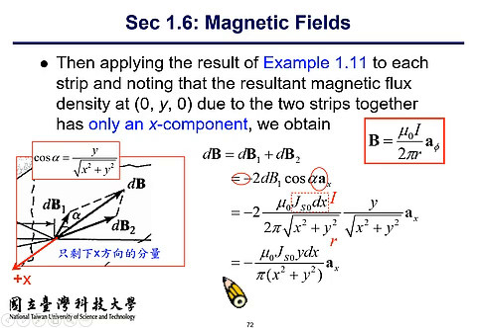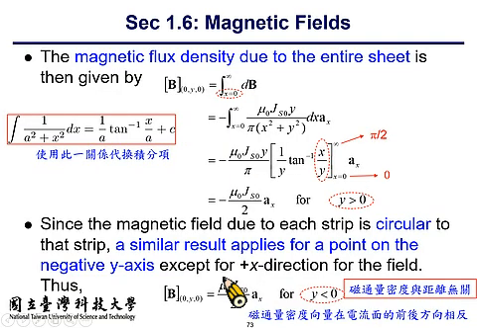To find out the final solution, you need to do what? Well, we need to do integration along the x direction. And because you already divided the surface current into pair wires along the x-axis, the integral becomes dx. And the limit is from x equals 0 to x equals infinity.